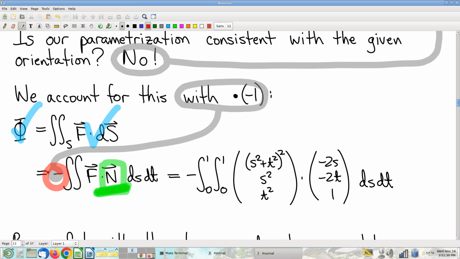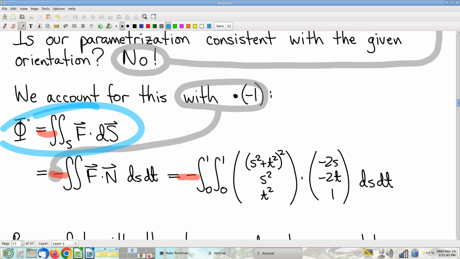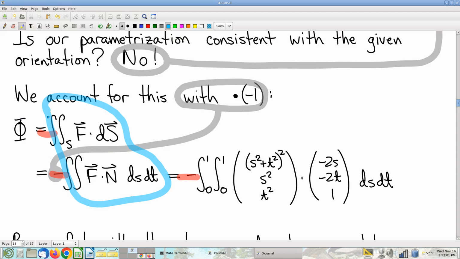And again, why do we care about this? Some students would take the point of view of, well, if I put a minus sign there and there and there, I still get the same answer. So who cares? The reason we care is there are some false statements in play here. This suggests that the flux is the negative of what it's defined as. That is not true. It also suggests that these two integrals are equal.